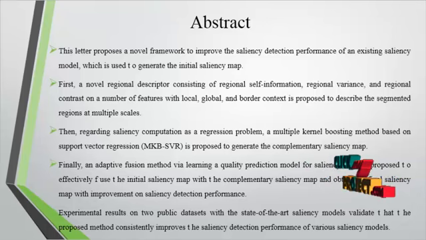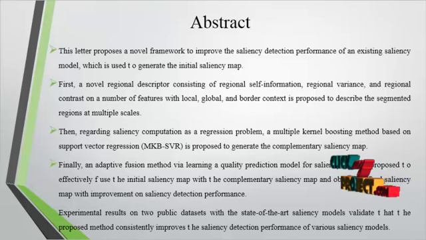Then, regarding the saliency map computation as a regression problem, a multiple kernel boosting method based on support vector regression, that is known as MKB SVR, is proposed to generate the complementary saliency map.